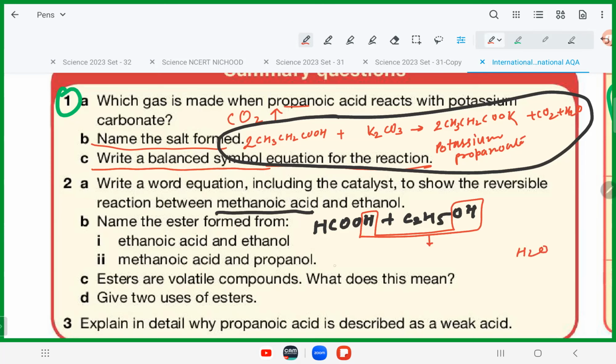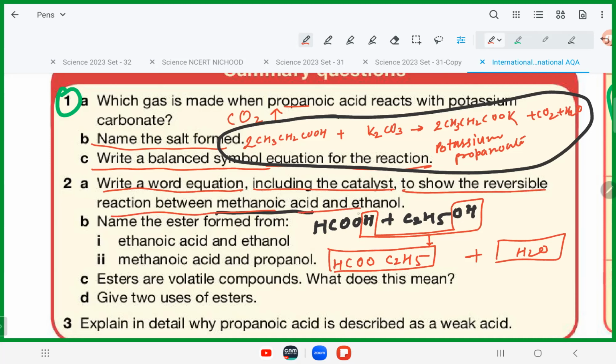One is H2O, second one HCOOC2H5. So these are the two products. Understood? There they also write the word equation: methanoic acid plus ethanol is equal to ethyl methanoate, to show the reversible reaction. Can you understand this one? Yes.